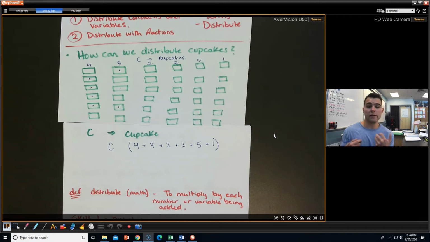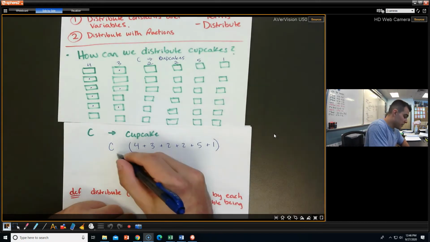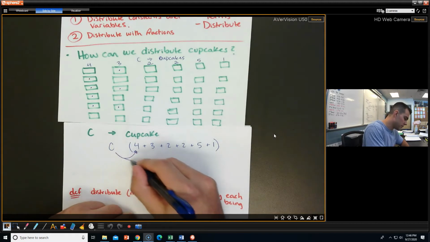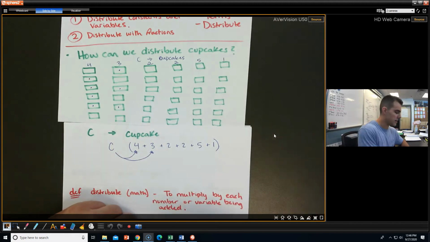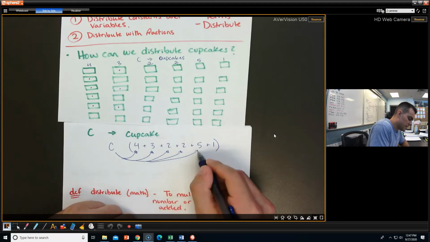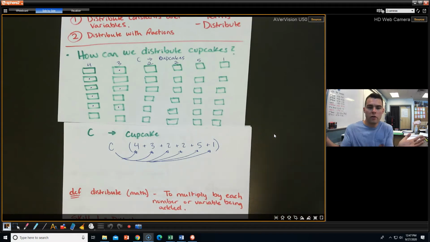If I'm giving out 1 cupcake, then I want to give it to these 4 students in that row, and then to these students here, here, here, and here. I am distributing the cupcake love to all my students.